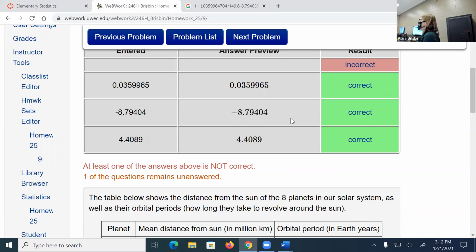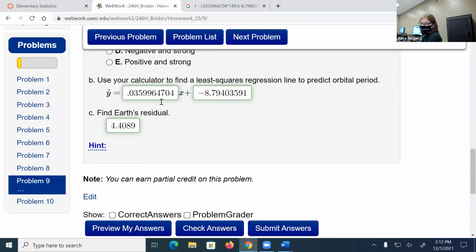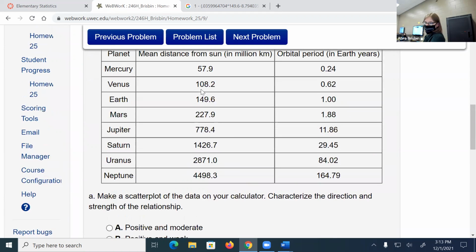So the other way you could do this, if you have this equation from part B in your calculator, would be to look at it in your graph and then do second trace to get to calc, and then enter in the value of x equals 149.6.